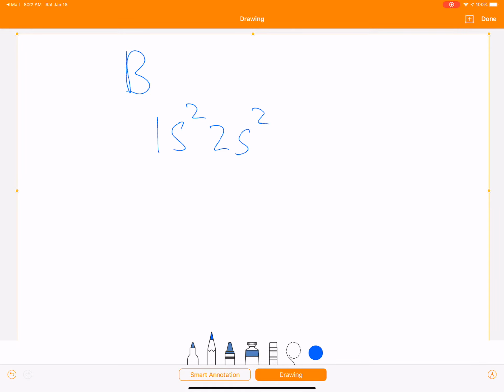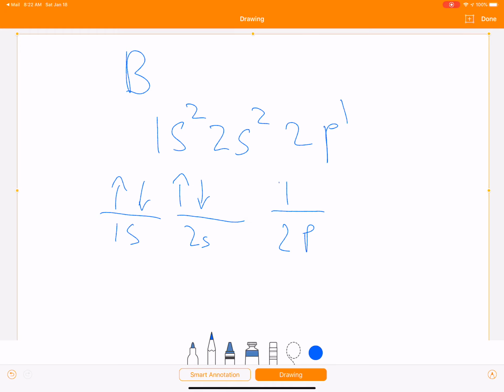That is why it would be just 2p1. Now, if you've watched my previous videos on electron configuration, that should make sense. But if we're going to draw the valence shell diagram, it should look like this. That is the correct way to write it.